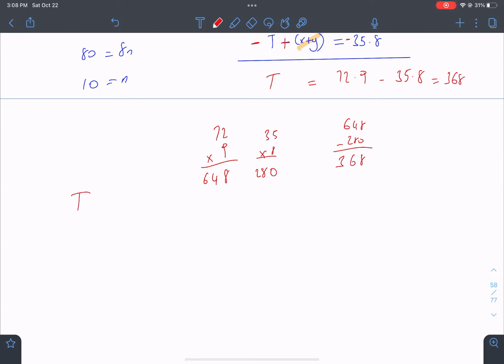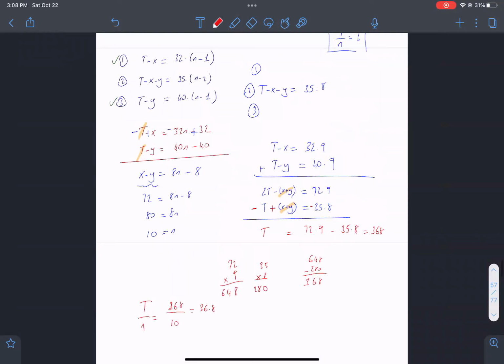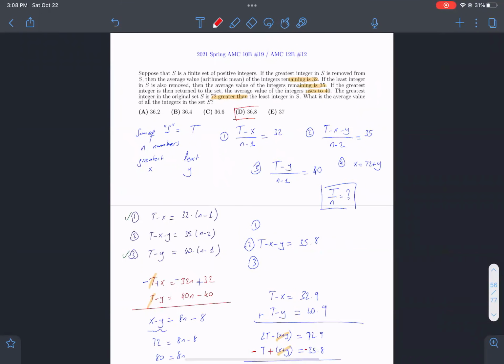Then T divided by n is equal to 368 divided by 10. 36.8 is the average of all numbers. 36.8, answer choice D.